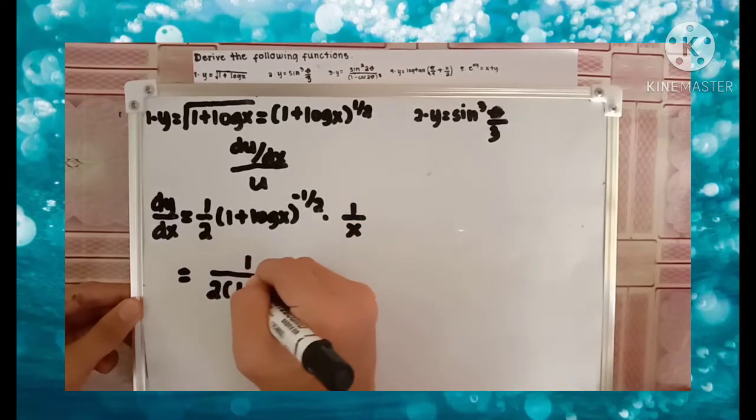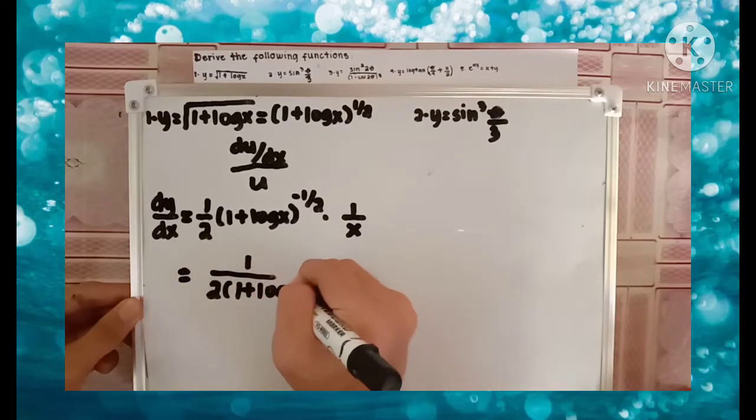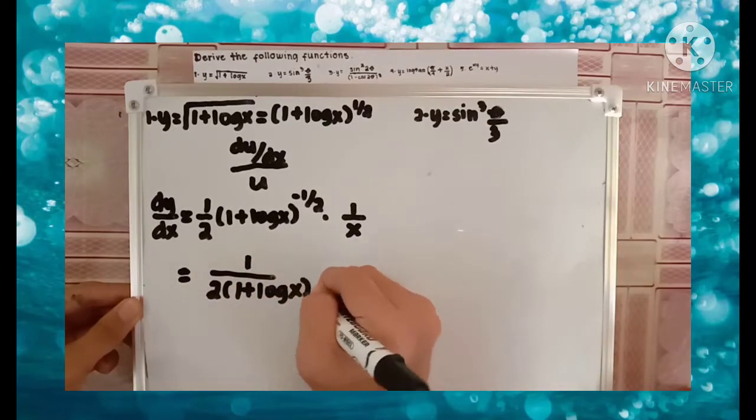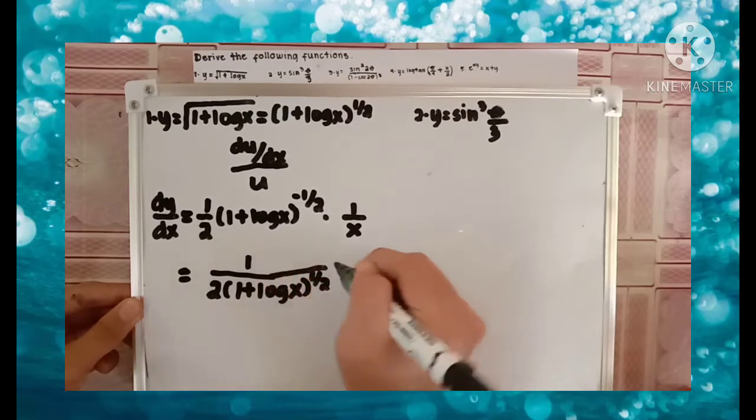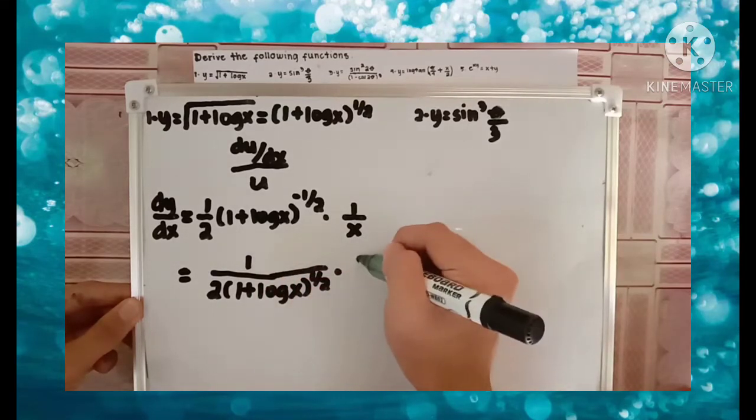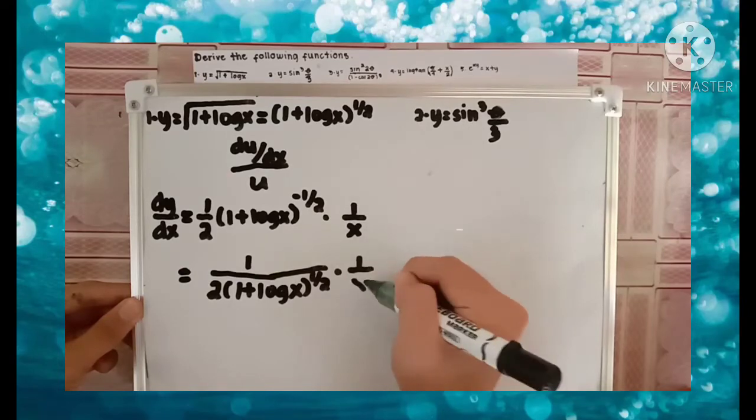1 plus log x raised to 1 half multiplied by 1 over x.